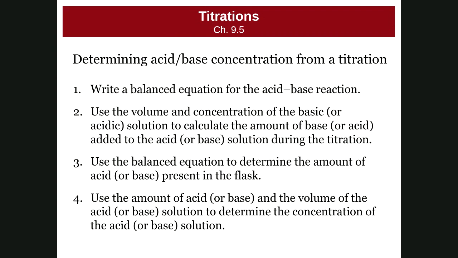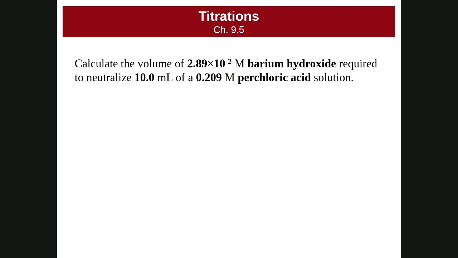After that, you want to use your balanced equation to determine the amount of acid or base present in the flask, and use that amount of acid or base and the volume to determine the concentration. That sounds a little complicated, so let's try it out.